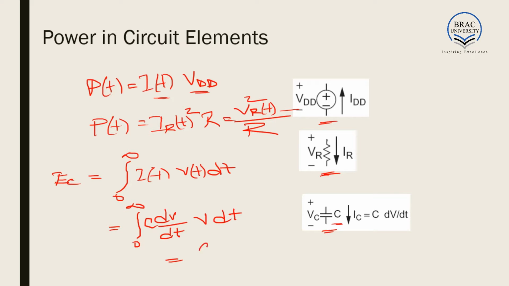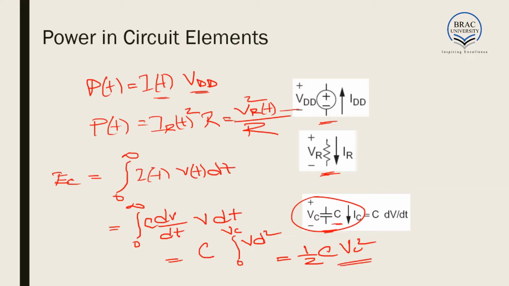If we integrate it, we get C times the integration from 0 to Vc, because the maximum voltage across the capacitor is Vc, of V dV. So we will get half C Vc squared.